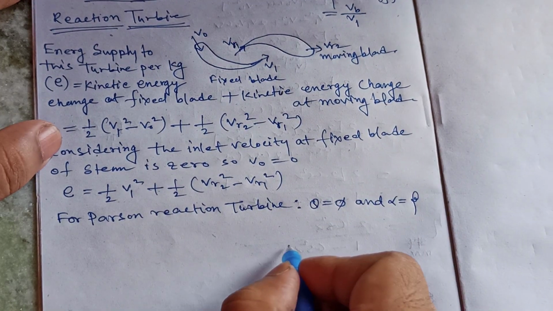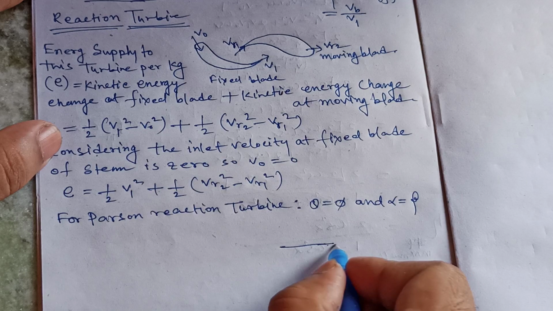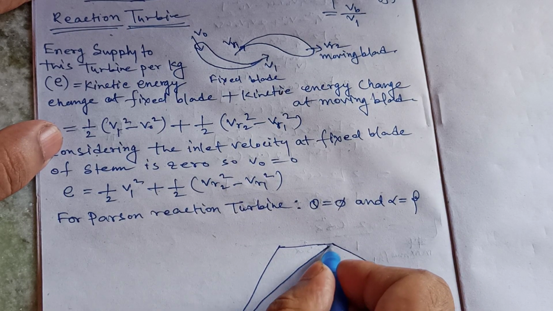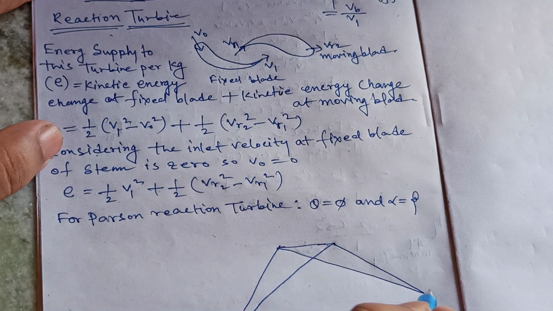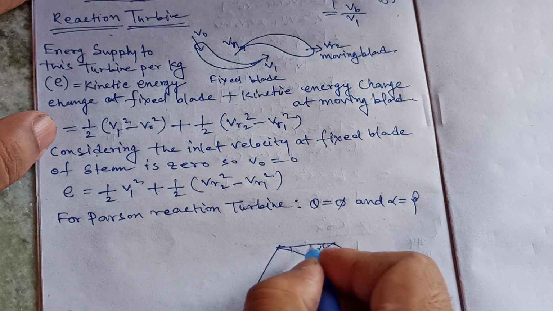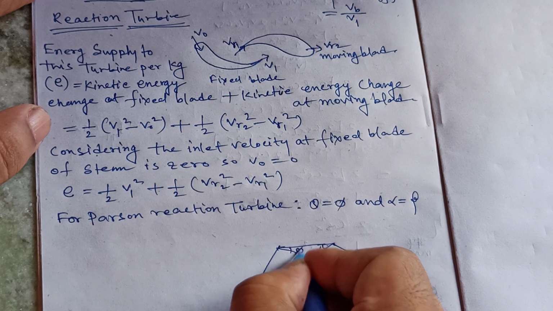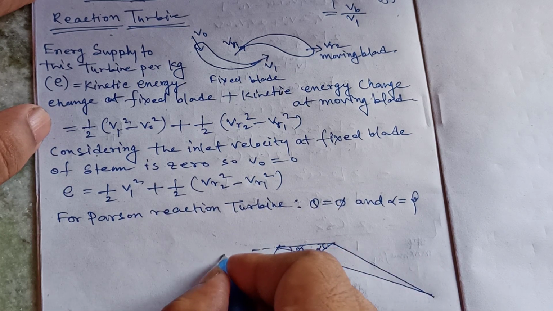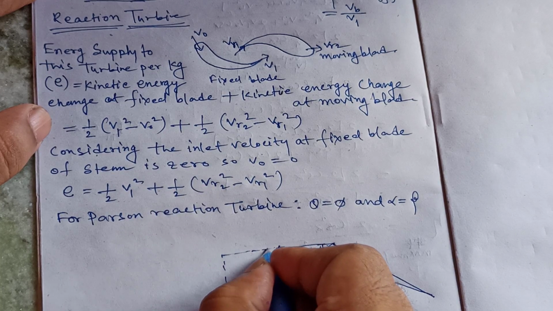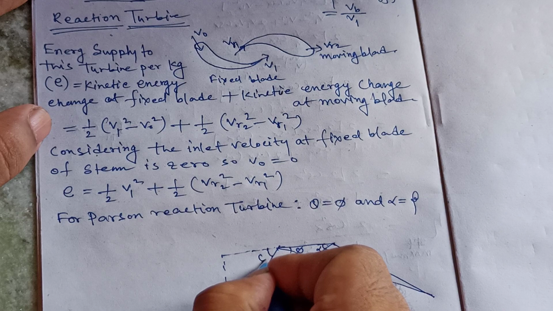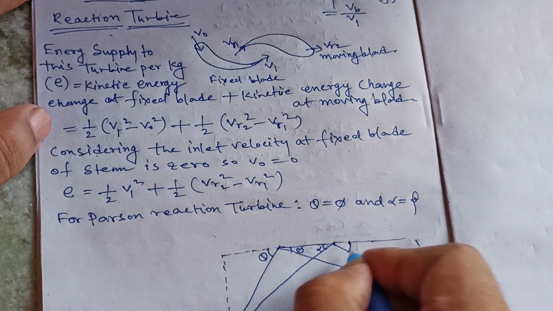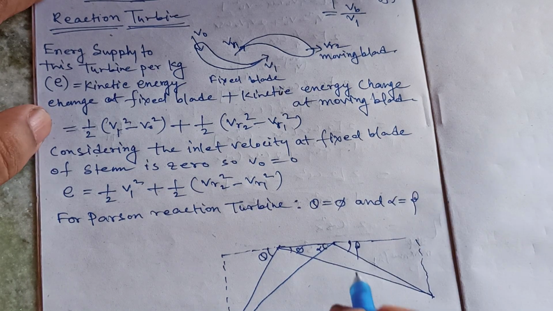Let's draw the Parson reaction turbine. This is the Parson reaction turbine. This is alpha and this is phi. This is theta. This is beta.